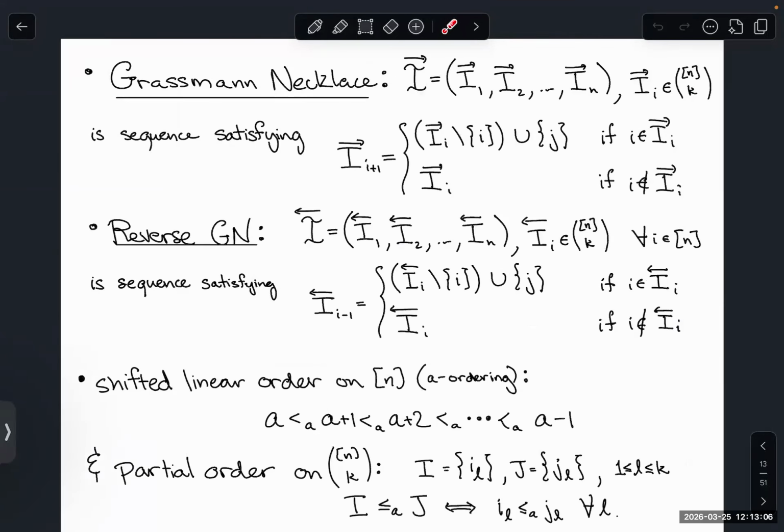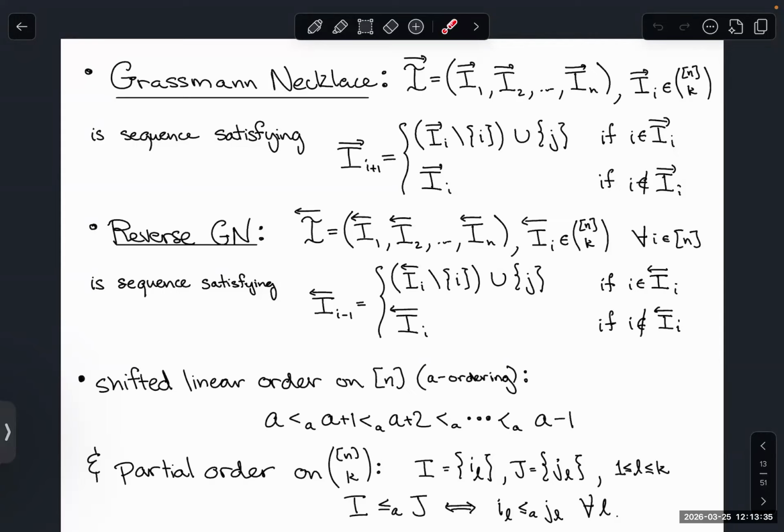But yeah. So, defining Grassmann necklaces and reverse Grassmann necklaces, these are sequences of k-subsets which satisfy these exchange relations. The exchange relations themselves seem pretty harmless, but they're not very intuitive on their own of what they're doing.